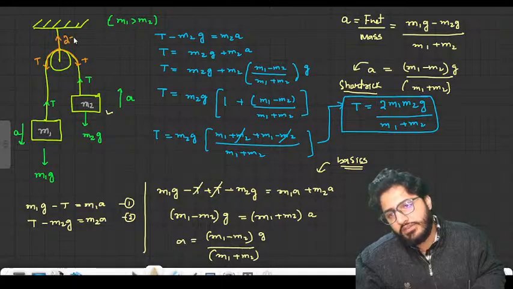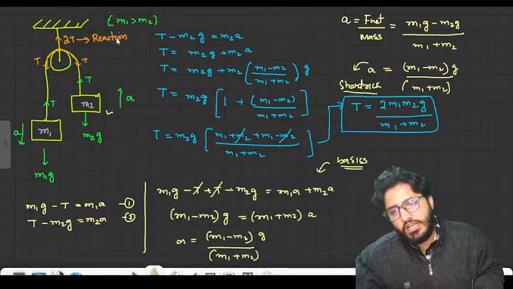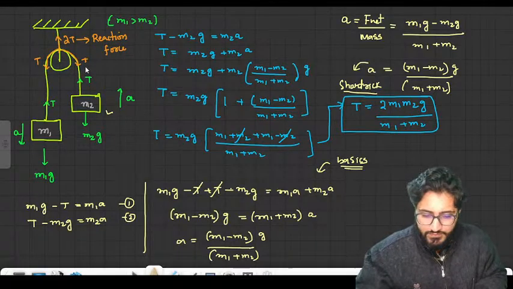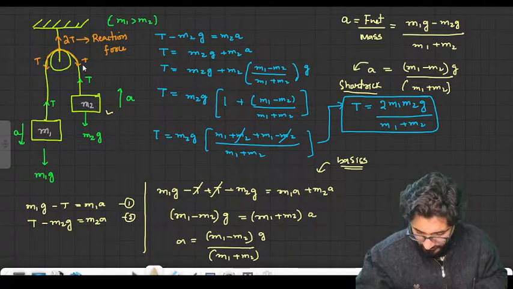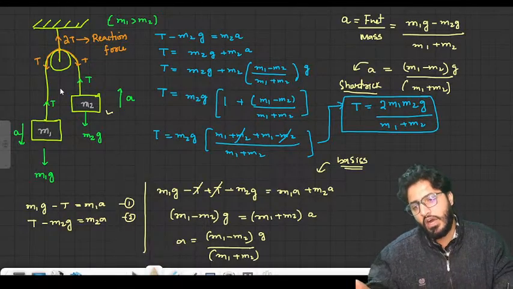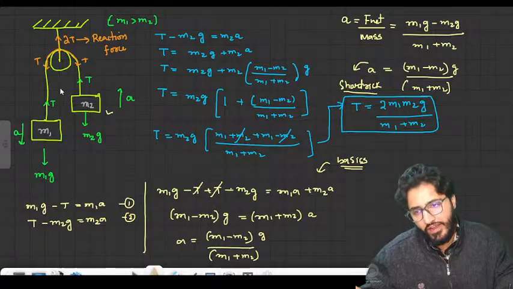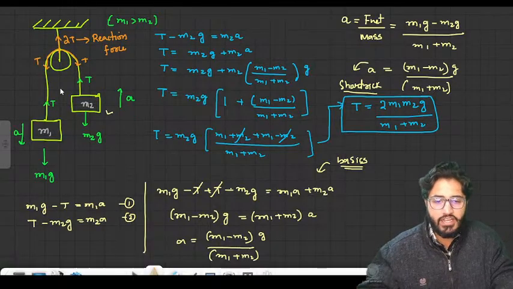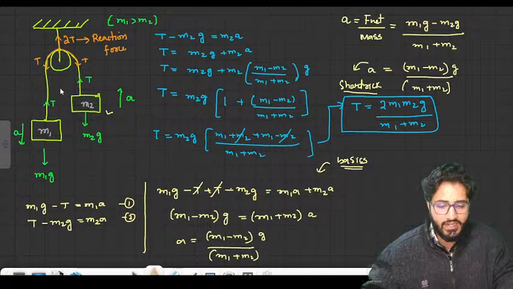It will be T plus T, 2T. So this 2T is the reaction force. Clear? So on this slide we came to know how to find acceleration, how to find tension, and how to find the reaction force.